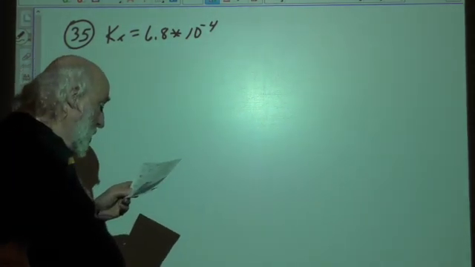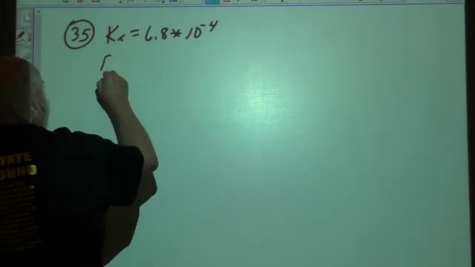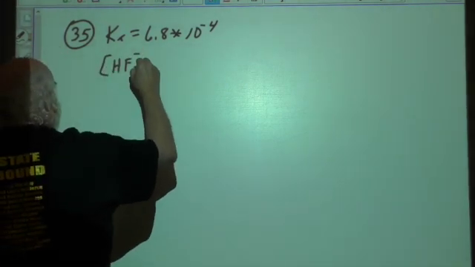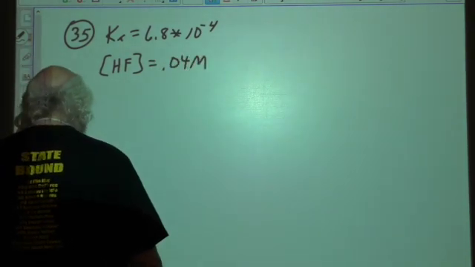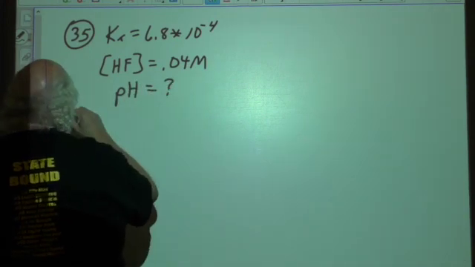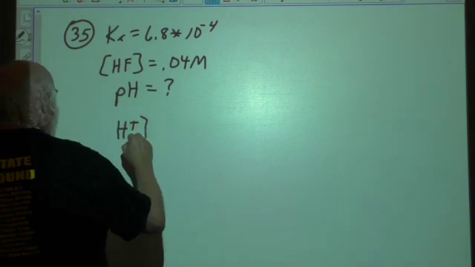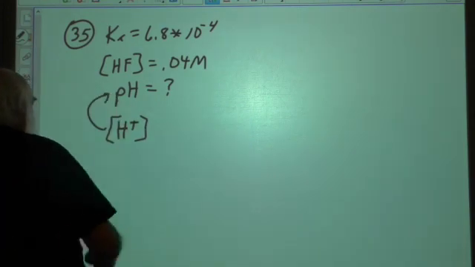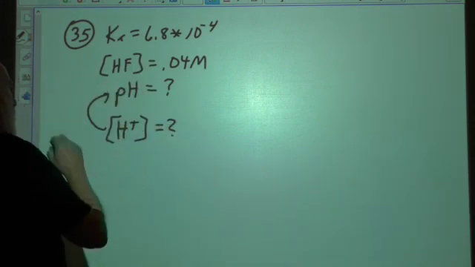And we are given that the concentration of HF is 0.04 molar. And the question here is, what is the pH? Which means, of course, that I'm going to have to find the concentration of hydrogen in order to figure out the pH. So those go together. I need to know both these things. First this and then that.